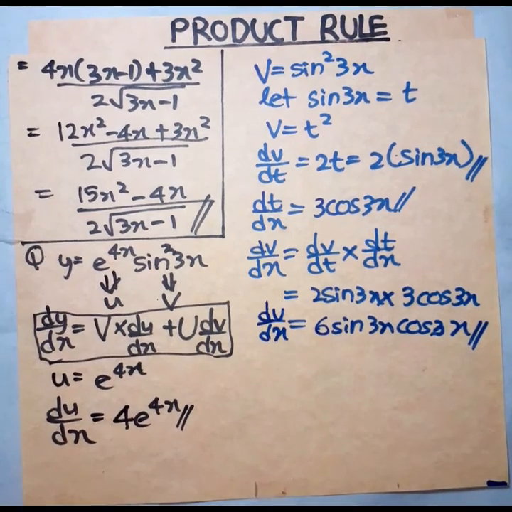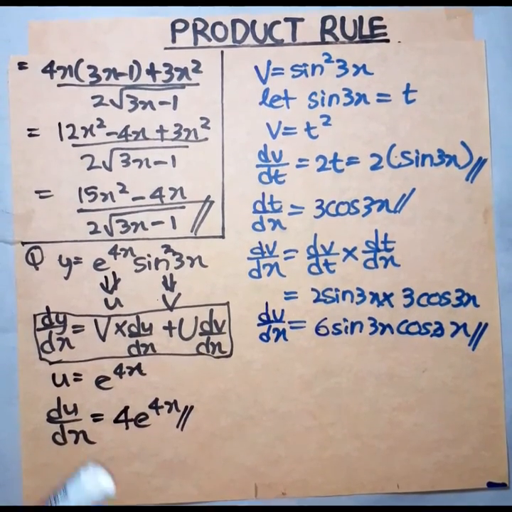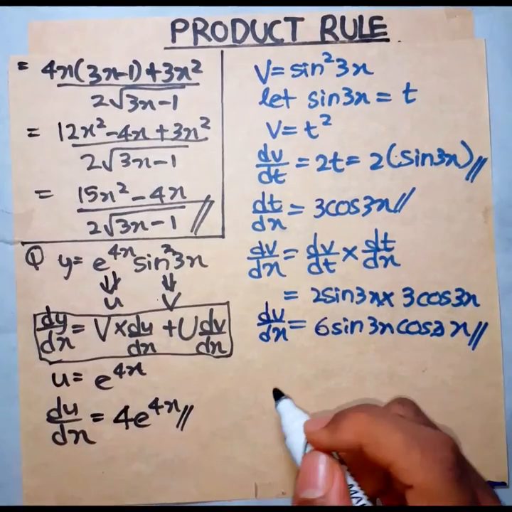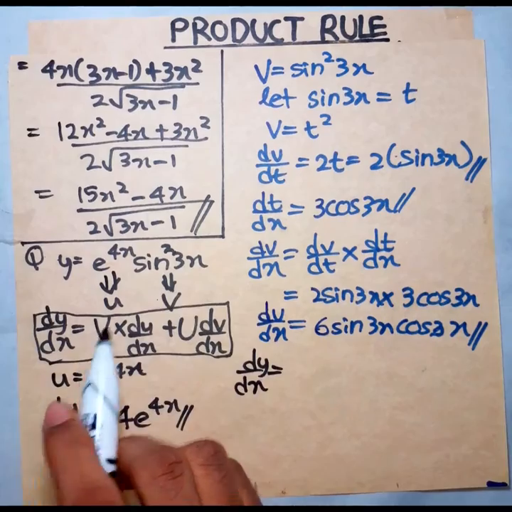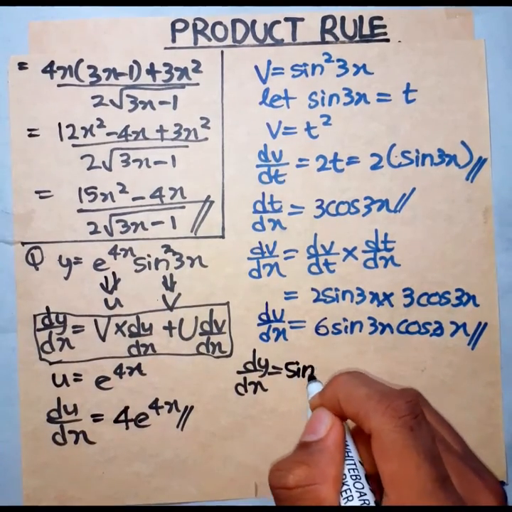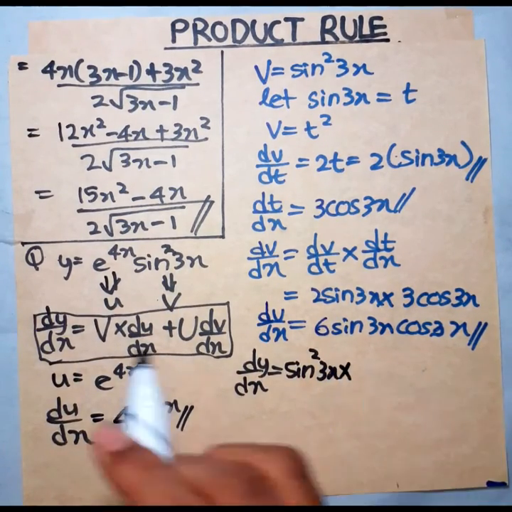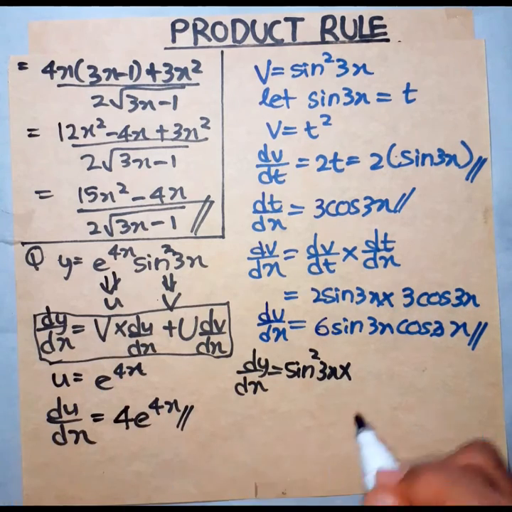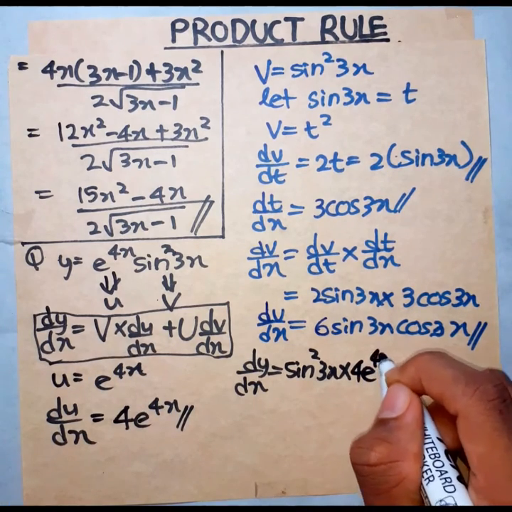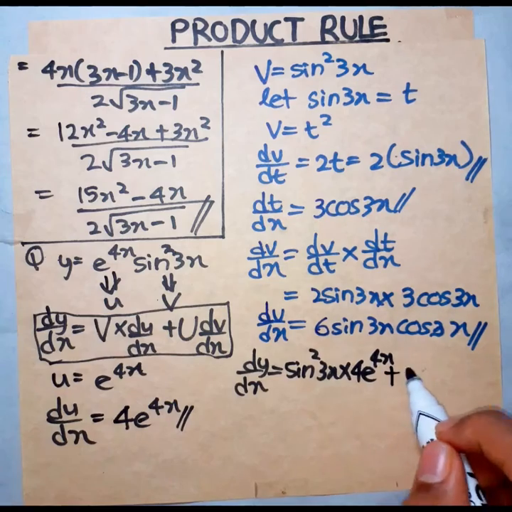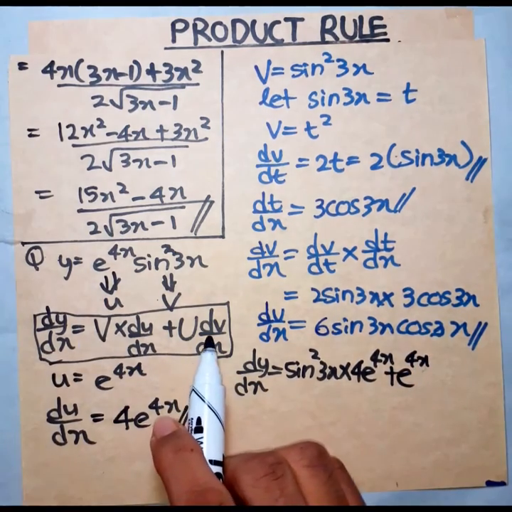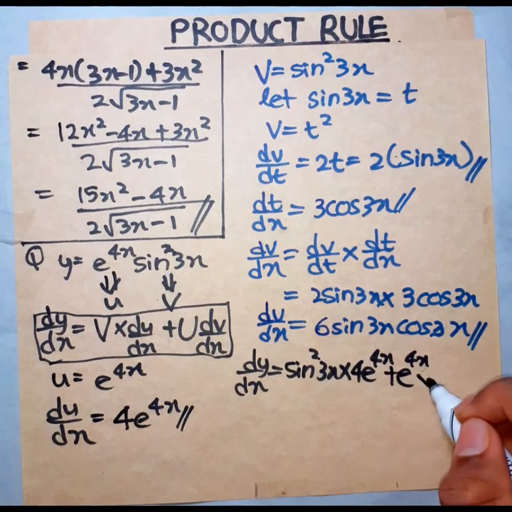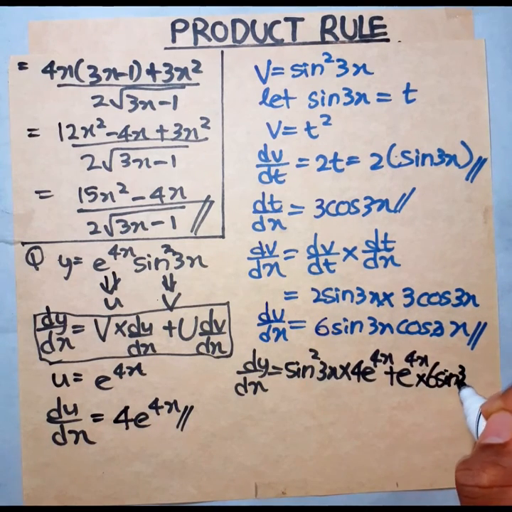So to find dy by dx, we just have to put all the values and substitute them accordingly. So dy by dx is going to be v, which is sine squared 3x multiplied by du by dx, which is going to be 4 e to the power 4x, plus u, which is e to the power 4x, and dv by dx is going to be 6 sine 3x cos 3x.